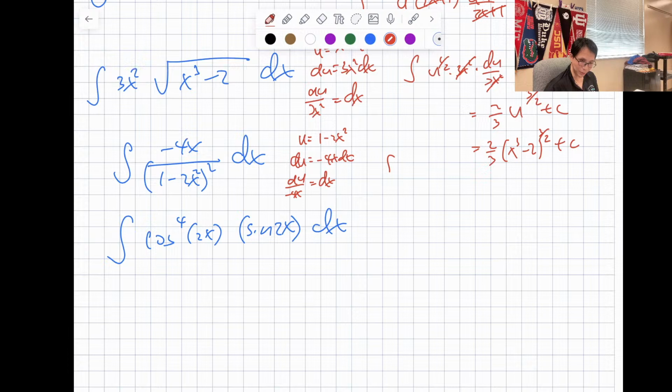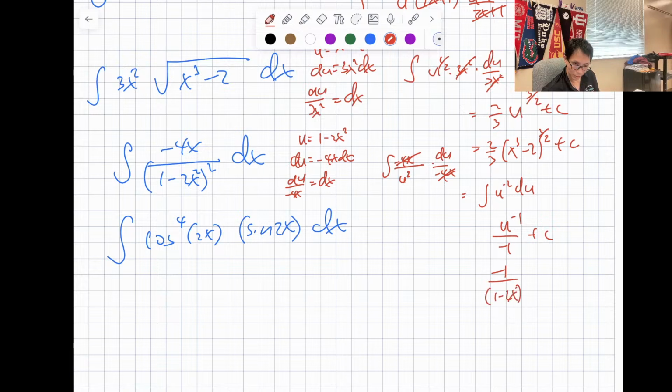So it's the integration of negative 4x, this is u squared, this one's du over negative 4x. So yeah, like Ashton says, I like when things cancel out. And honestly, it's satisfying to see things cancel out because your thought process works out perfectly. So u to the negative 1 over negative 1 plus c. So it'll be negative 1 over (1 minus 2x squared) plus c. I think that's what I got.